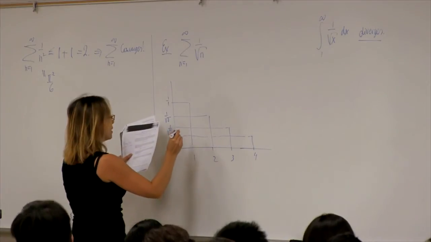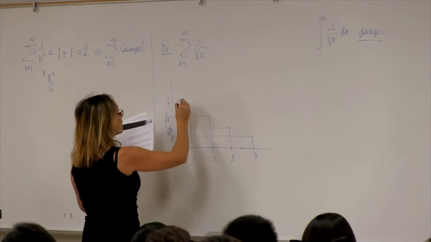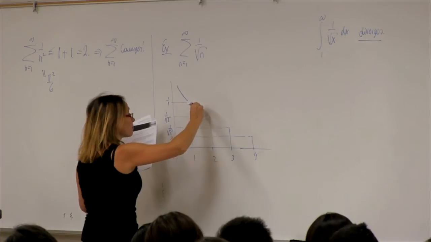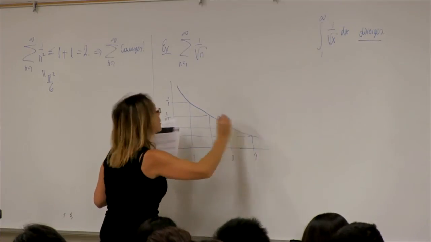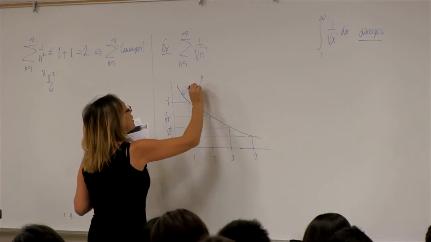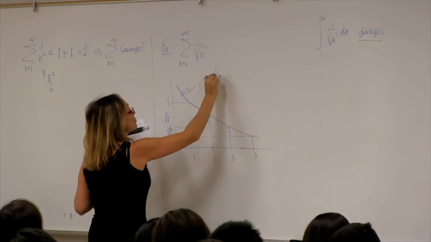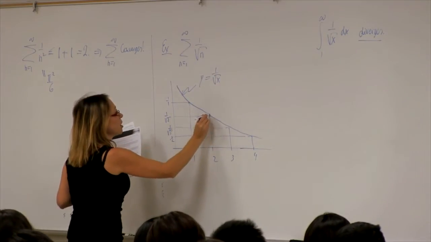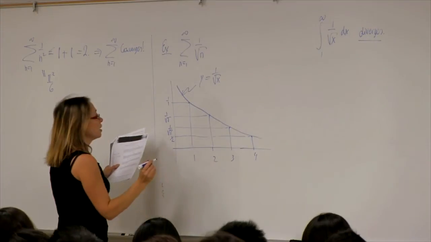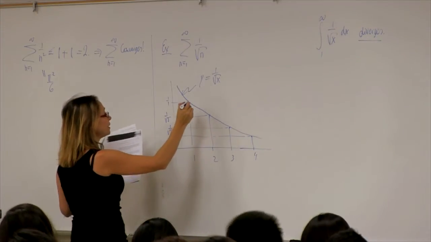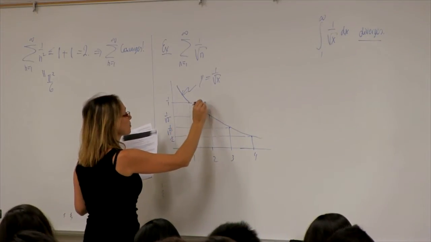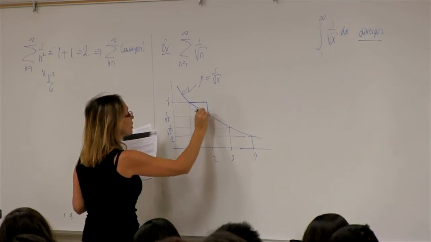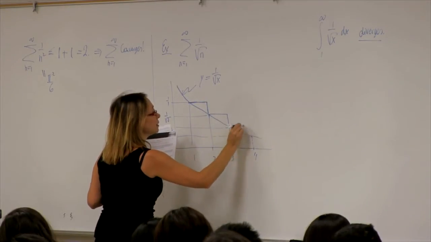And I draw a line through them. The line is y equals 1 over square root of x. And somehow I have to sum these up. So why don't I complete them like this? I'm going to go like this, and like this, and like this.